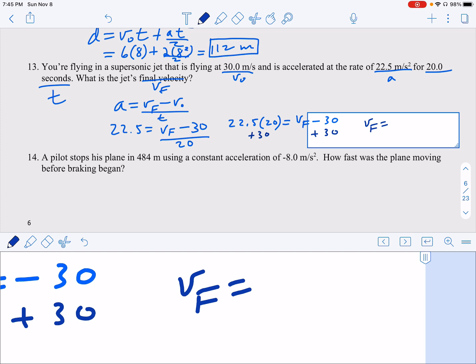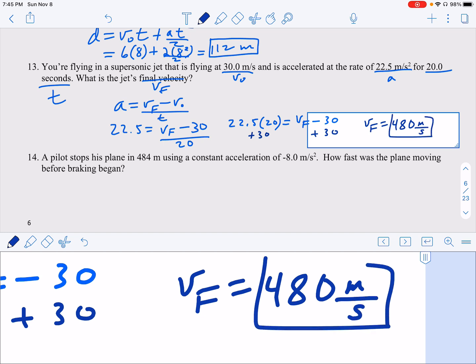So 450 plus 30 is 480. So now it's going 480 meters per second, which makes sense. It's a supersonic jet, so that's a powerful engine.